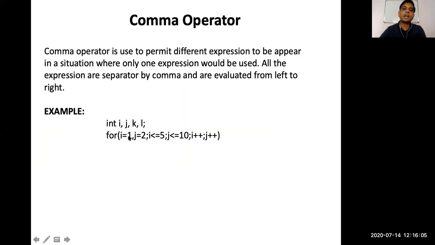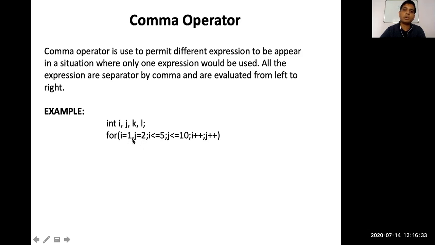It means first i is initialized with 1 and j is initialized with 2. These two instructions you can write in the initialization part of your for loop. To do this, you separate the expressions with the comma operator.